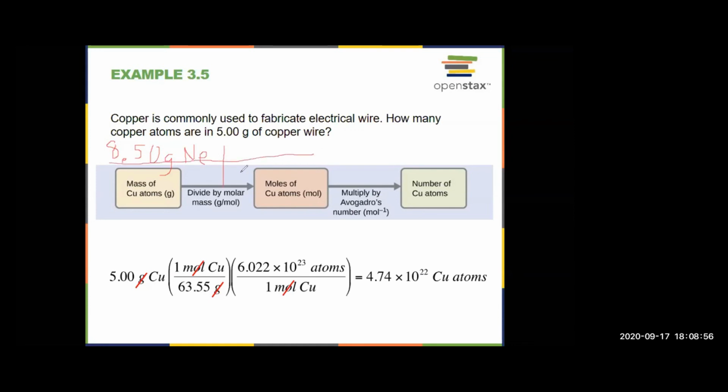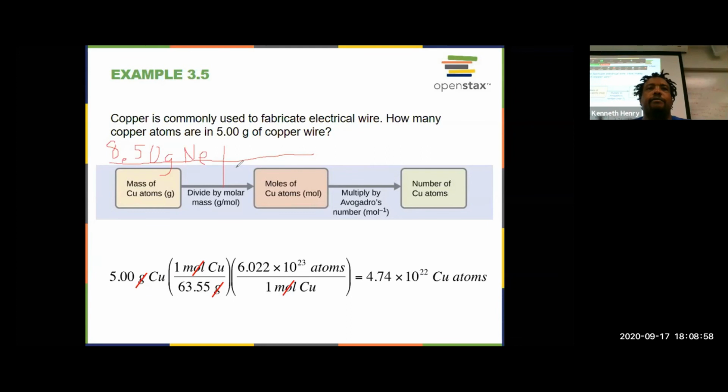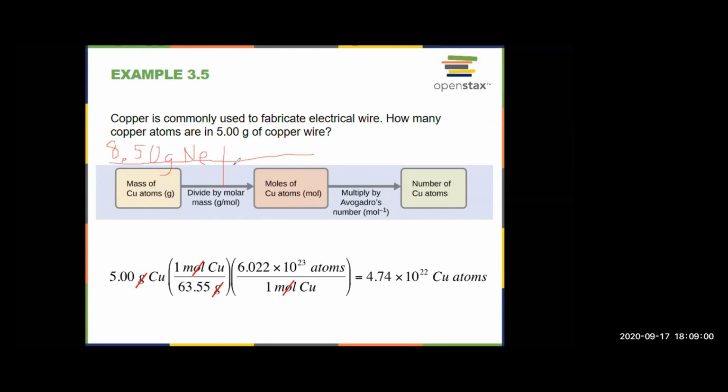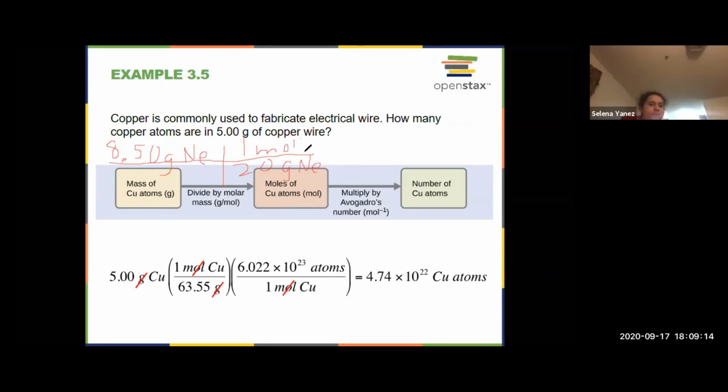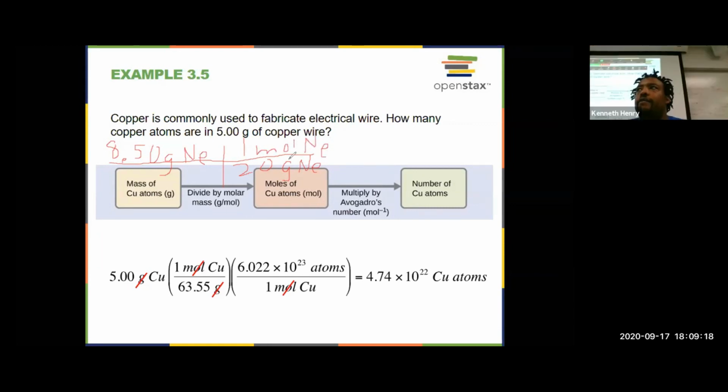Okay, so am I going to put that on the bottom or on the top? Bottom. Yeah, so 20 grams on the bottom of neon, and I have 1 mole on top. Okay, so that's going to give me the number of moles. Grams are going to cancel out.